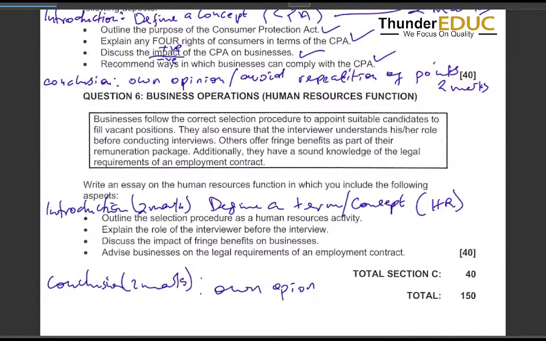the first bullet. It says outline the selection procedure as a human resource activity. Guys, if you still remember, whenever they advertise a job space at any particular institution or organization, you are expected to submit your CV.